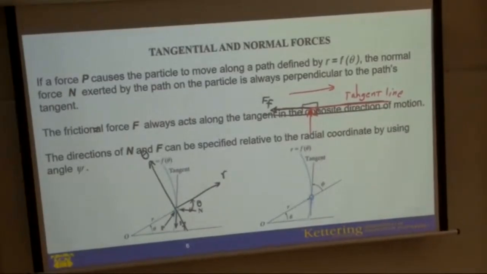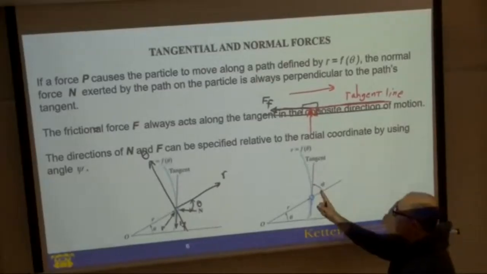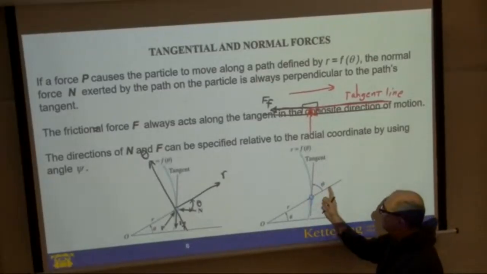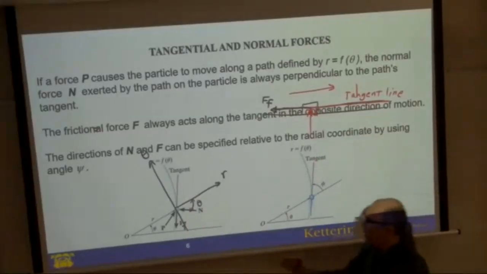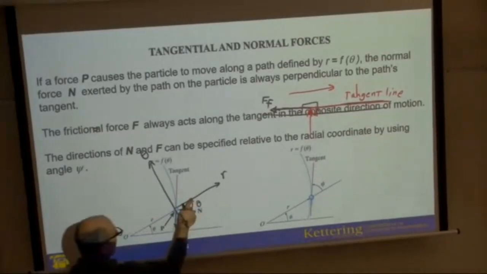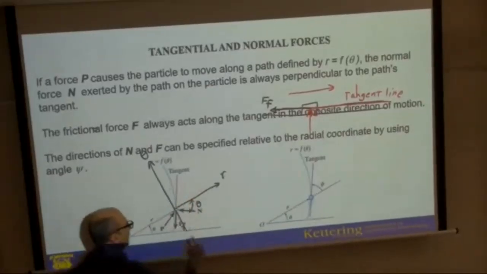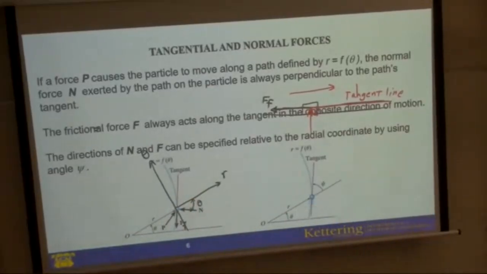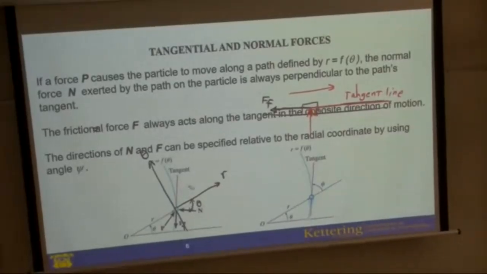Psi is the angle between the radial axis and the tangent axis, or this. This angle is psi. How we can find this one, I will explain in the next slide.